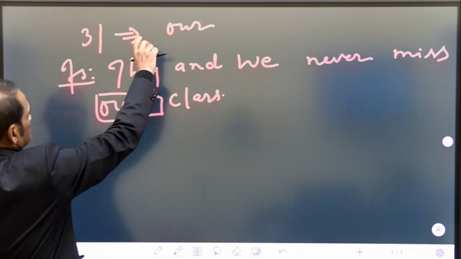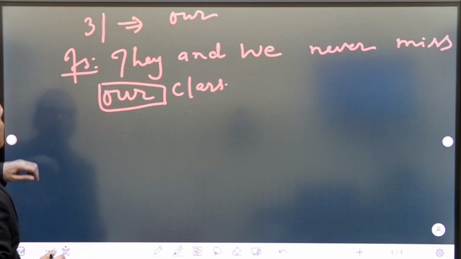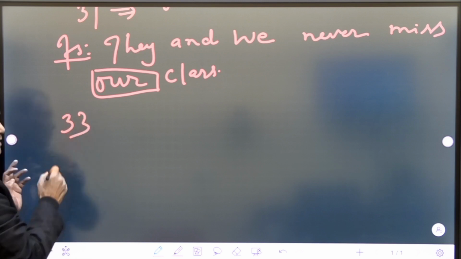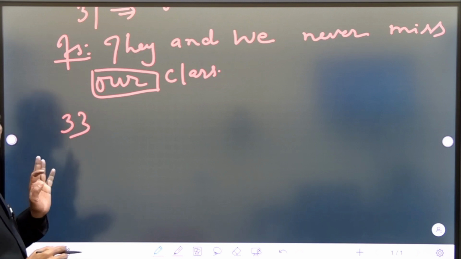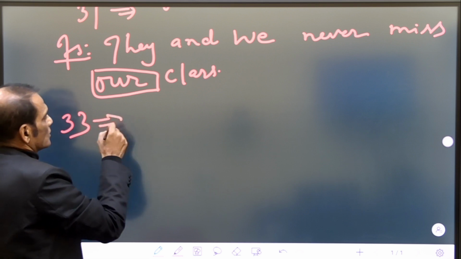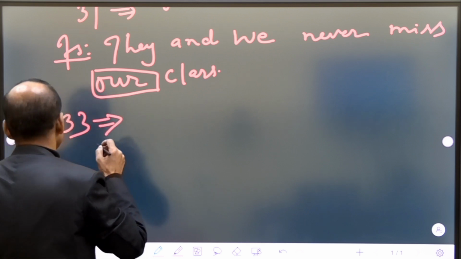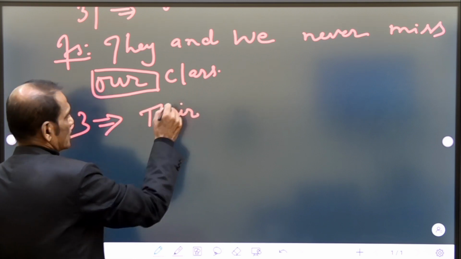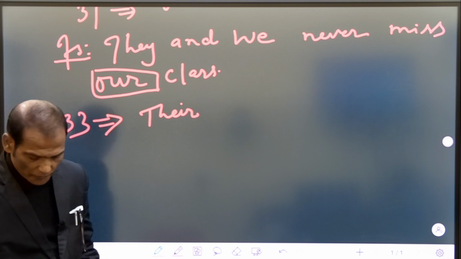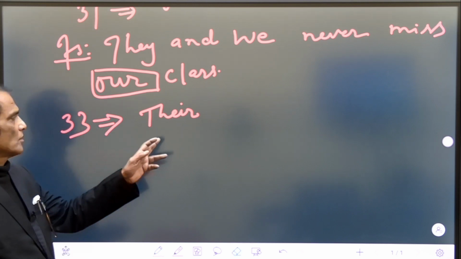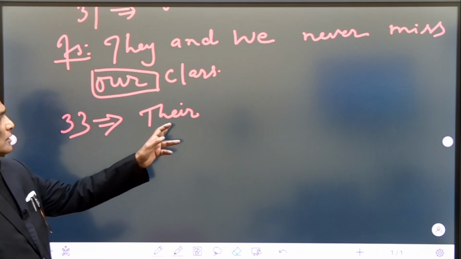Now 3, 3. We mean when there is third person. While third person pronouns are combined together, their common position is "their".